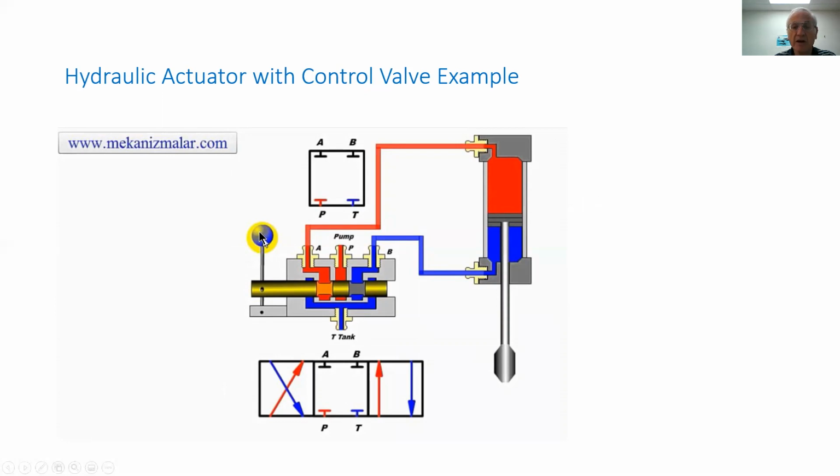We see here an example of a hydraulic actuator controlled by a valve. We have a handle over here, and we have the pressure port, and we have the tank port.